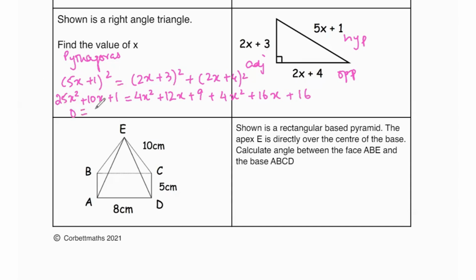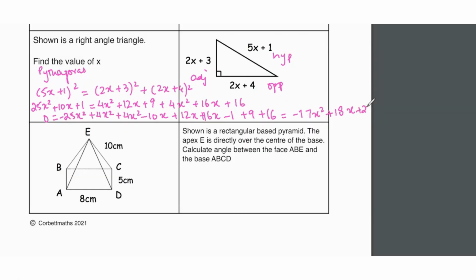So this would be 25x squared minus 4x squared minus 4x squared minus 10x plus 12x plus 16x minus 1 plus 9 plus 16. Negative 17x squared plus 18x plus 24.